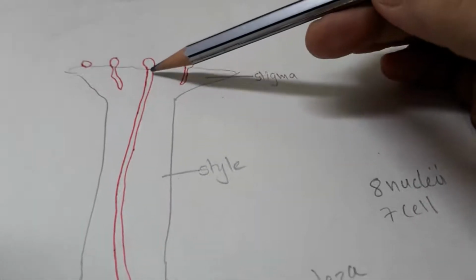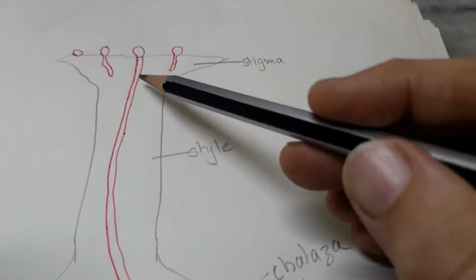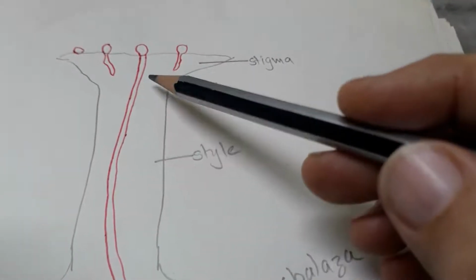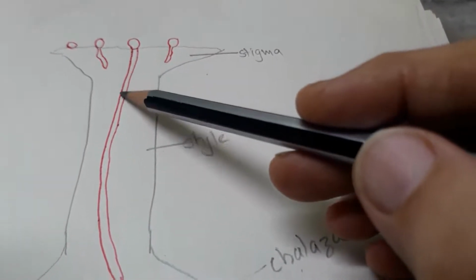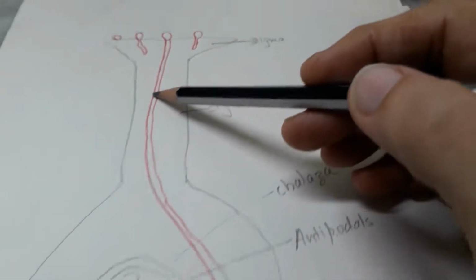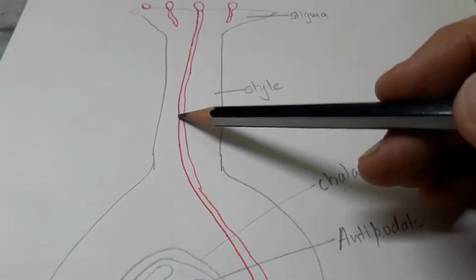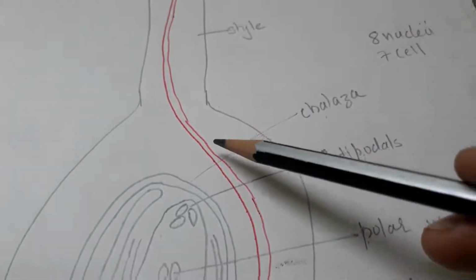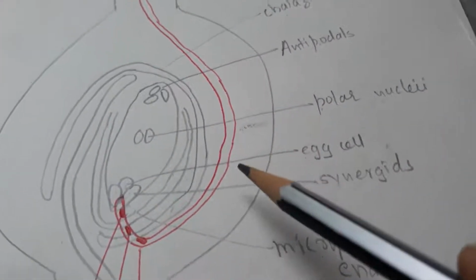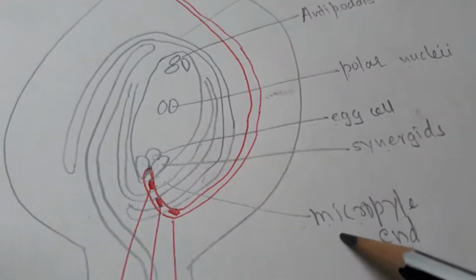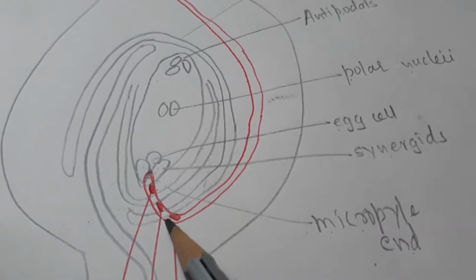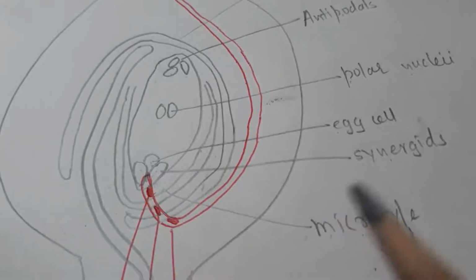This pollen is successfully making the pollen tube. I have drawn the pollen tube in red color so you can distinguish it easily. So this is the pollen tube. It's moving like this, and from the micropyle end it has come through the pore.